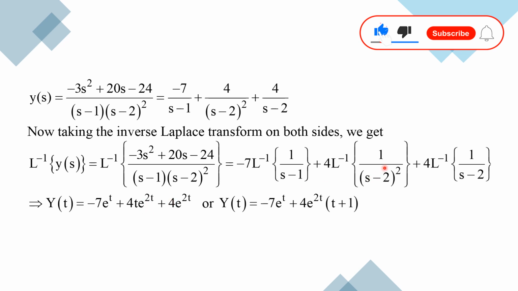You can see the lecture in the Laplace transform series, from which you can have the idea if you don't know about it. Plus 4 Laplace inverse of 1 over s minus 2, it is e power 2t. So minus 7 e power t, plus 4t e power 2t, plus 4 e power 2t. Here e power 2t is common, so 4 e power 2t times (t plus 1). This is the final solution of our given problem.